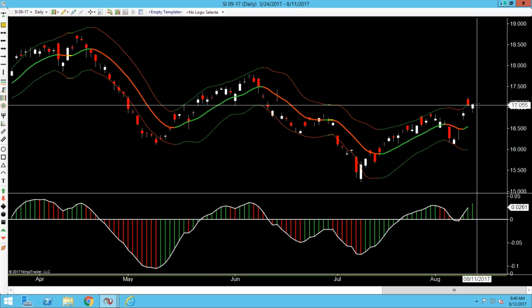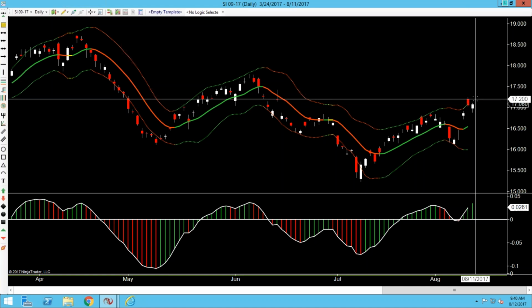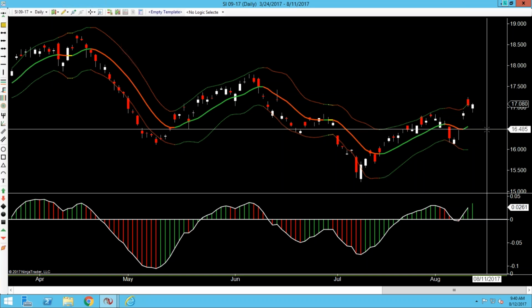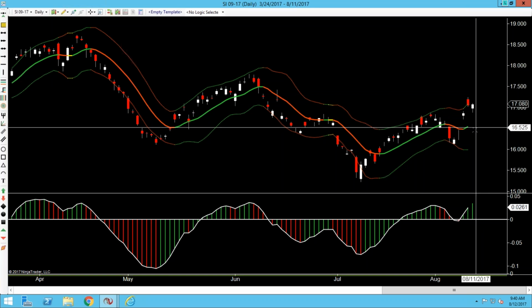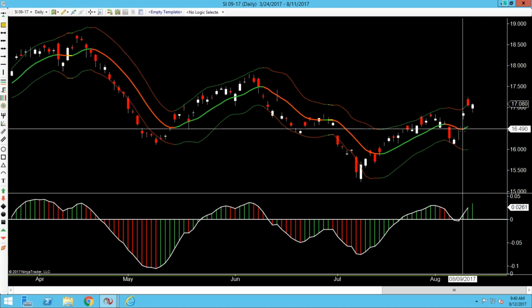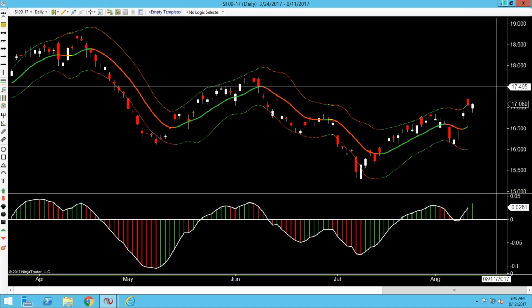We closed above the prior day close by a nose, just right at that prior day close. So that's showing some sign of strength, I would say, for continuation, depending upon what happens to that macroeconomic in the market, and you could see there was plenty of room to come back to the average even and pick up the trend.